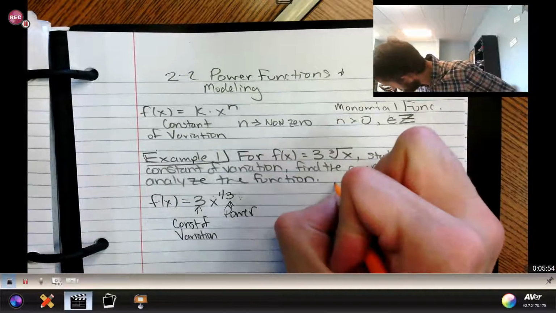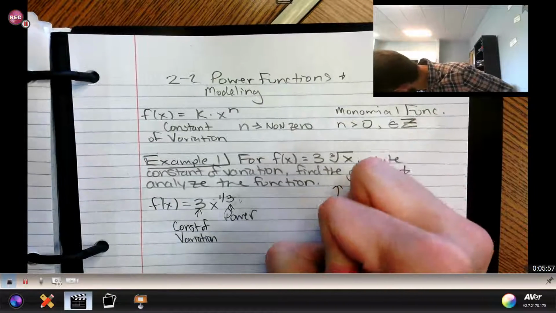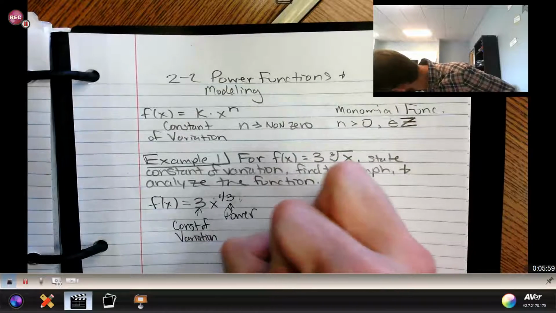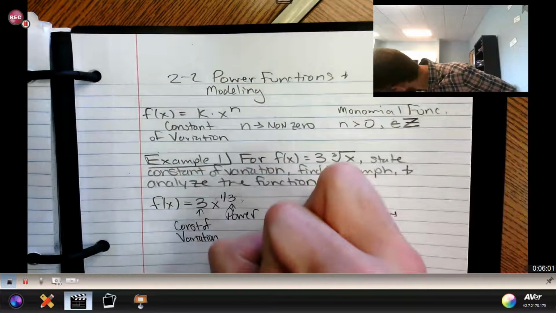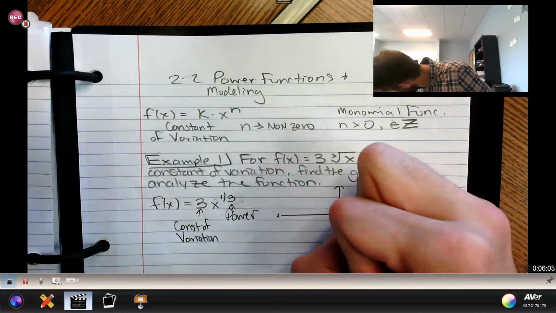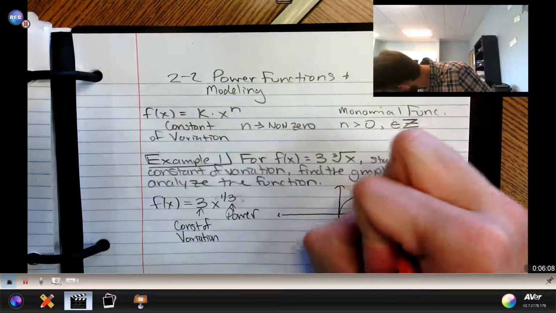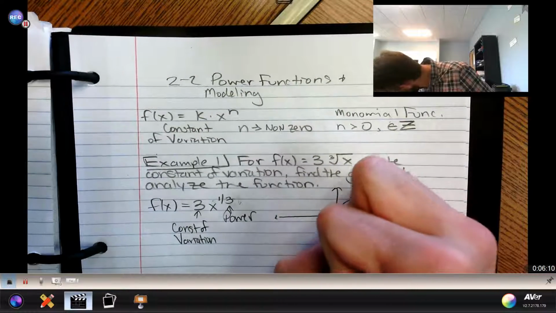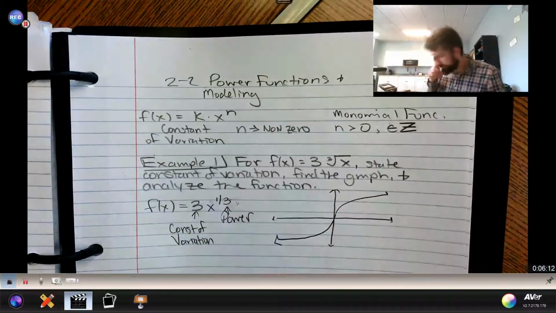So this graph, and we can sketch these using our calculators, is going to look like this.